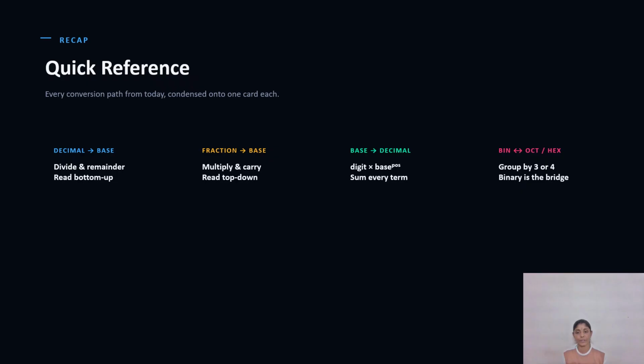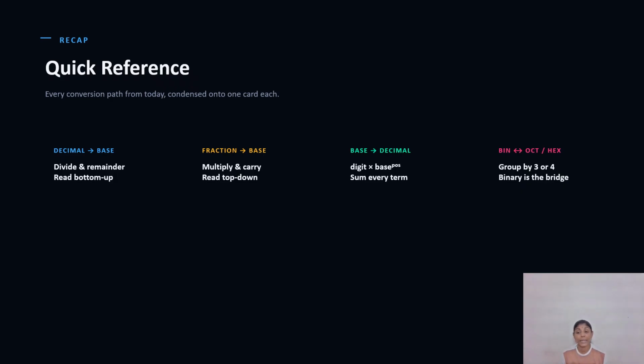If you want to convert other bases to decimal, you have to follow only one step. You have to do the multiplication between the digit as well as the base, and you have to sum every term. If it is binary to octal or hexadecimal, the grouping is mandatory, because octal is 2 power 3 as a representation of 8, hexadecimal 2 power 4 as 16.